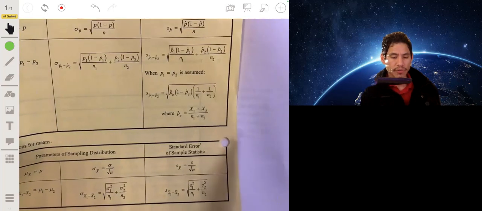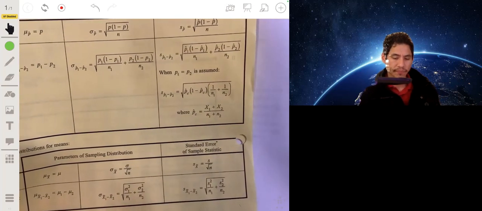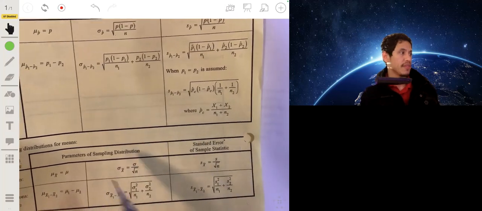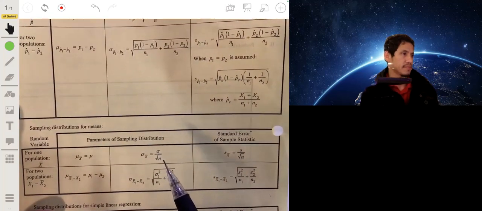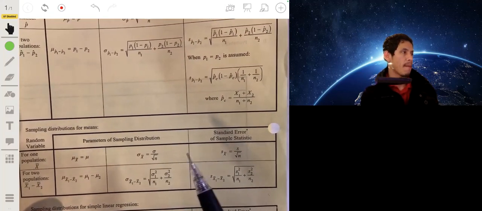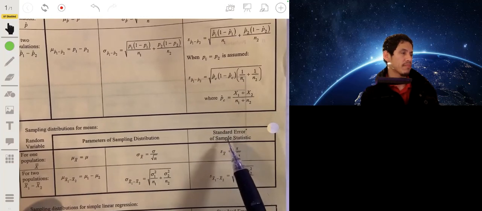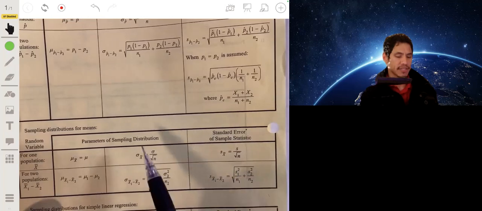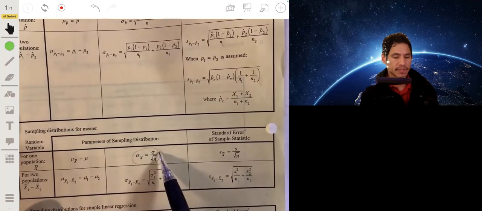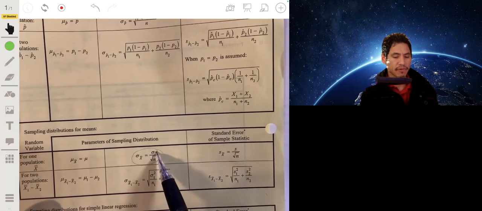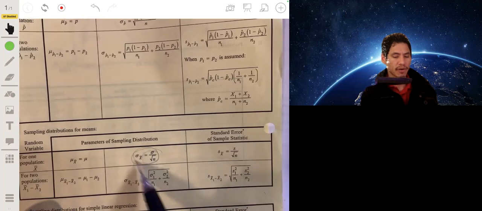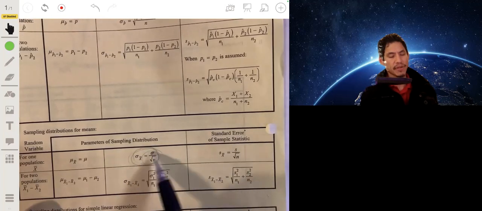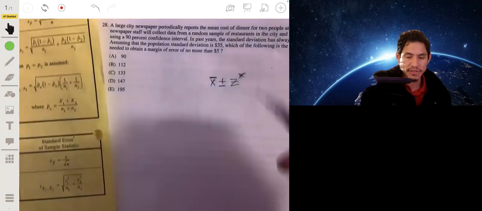So what we're going to use is these values here. You could say standard error technically, but in this case, it's the total population standard deviation, 35. We're going to have sigma. This is how we're going to make our margin of error.